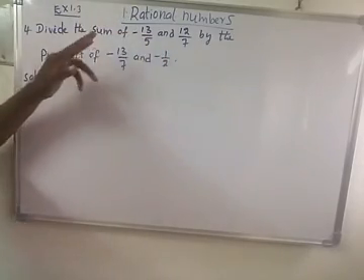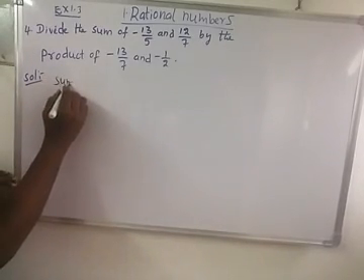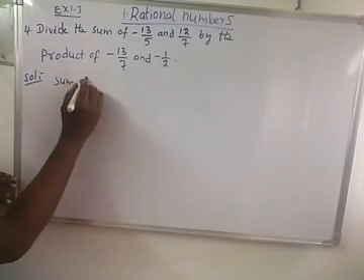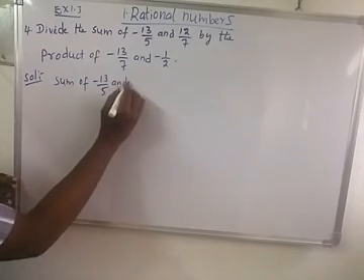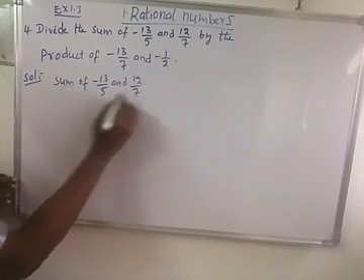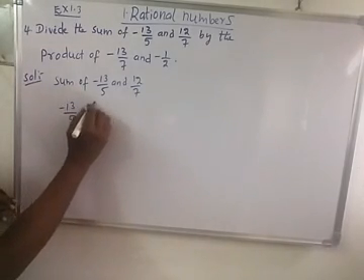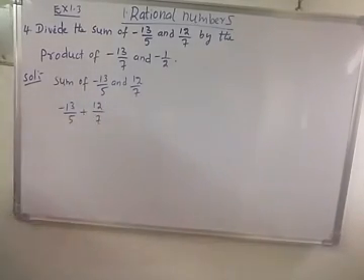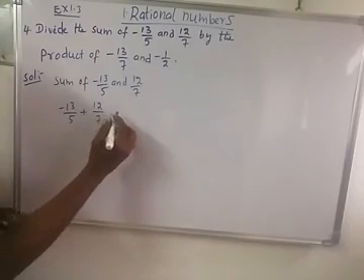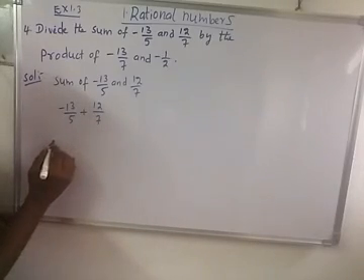First of all, we find the sum of minus 13 by 5 and 12 by 7. That is minus 13 by 5 plus 12 by 7. Both are prime numbers, so the LCM is directly the product, 5 into 7, which is 35.